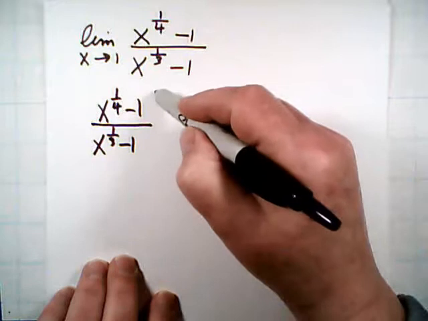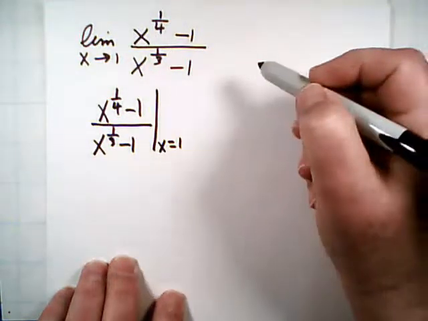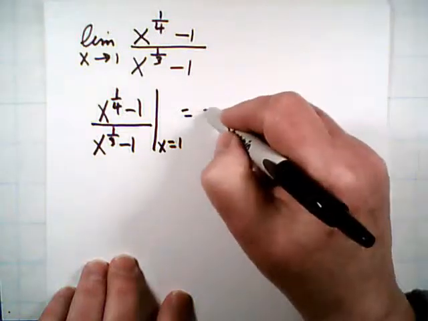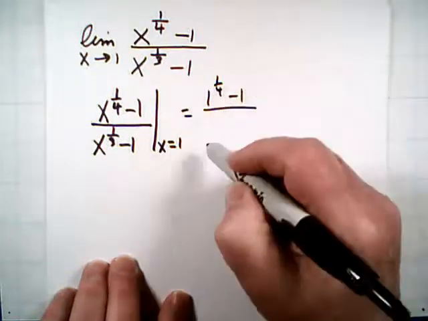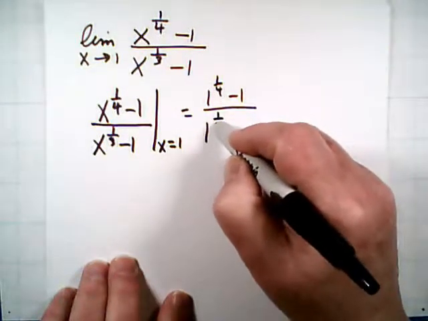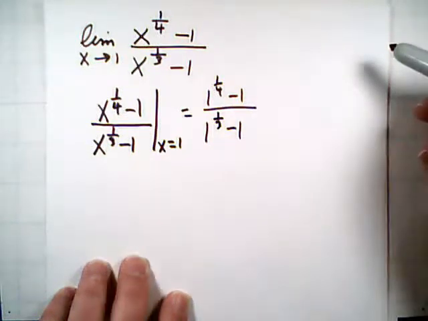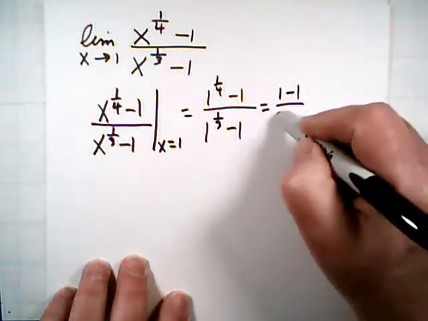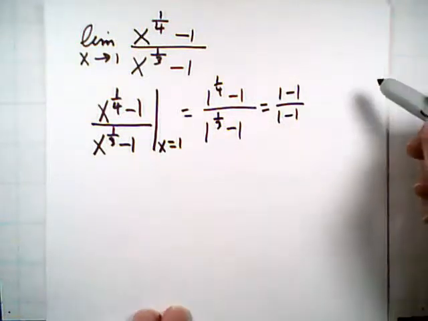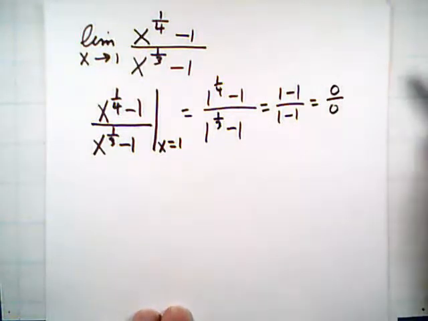The way we indicate that is with a vertical line and writing down x equals 1. So that becomes 1 to the 1/4 power minus 1 and 1 to the 1/3 power minus 1. Well, 1 to any power is 1, so that becomes 1 minus 1 divided by 1 minus 1. And that becomes 0 over 0, which is an indeterminate value.